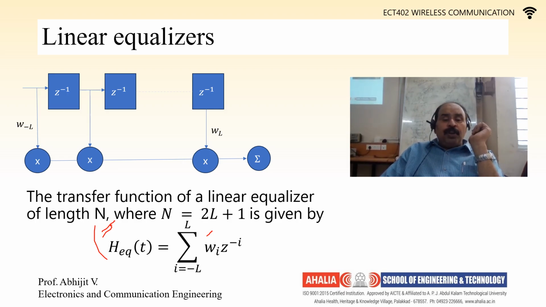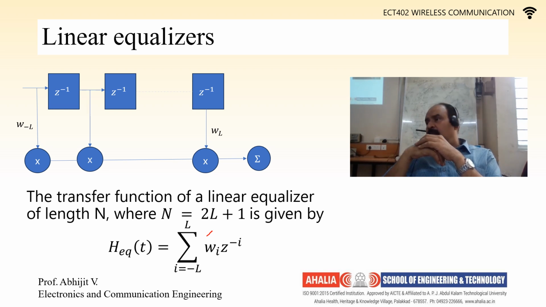The equalizer response is nothing but H_eq(z) is equal to the sum over i from minus L to L of W_i z^(-i). Here is where you are going to study one of the most important applications of Z transforms. I hope all of you remember what the Z transform is, which you have studied previously.